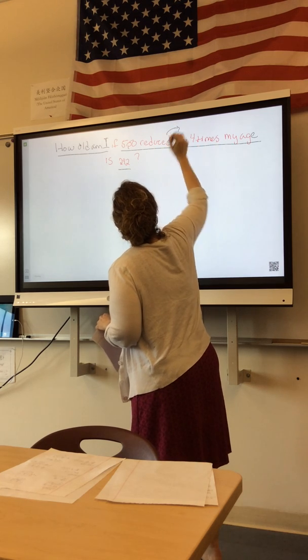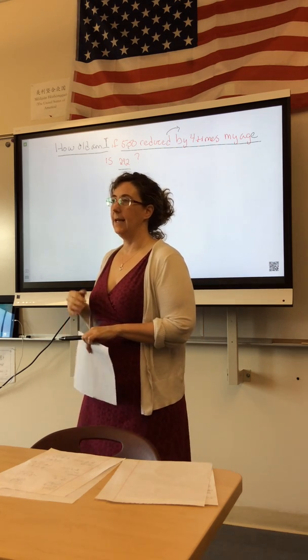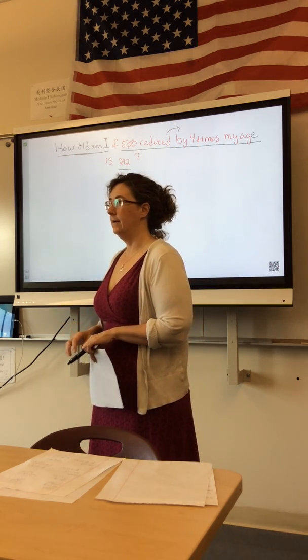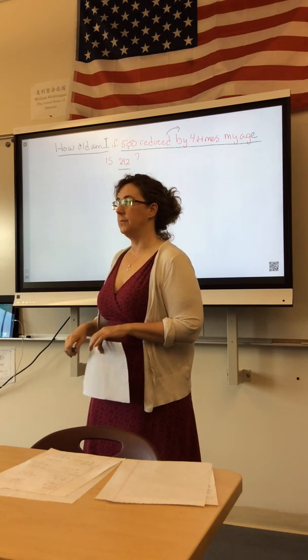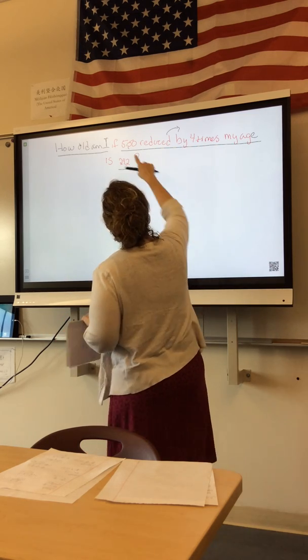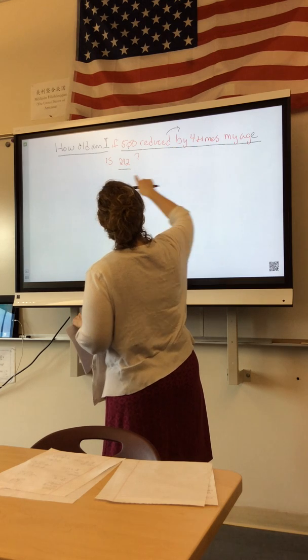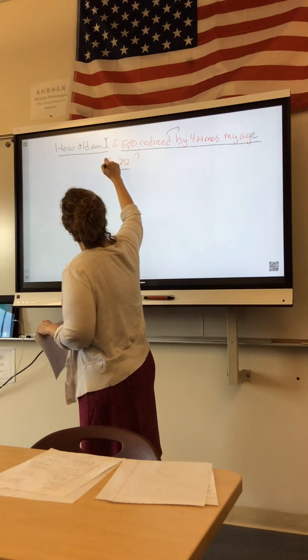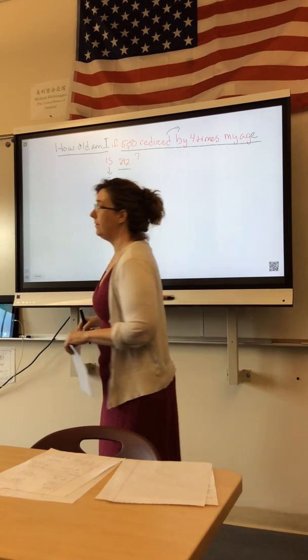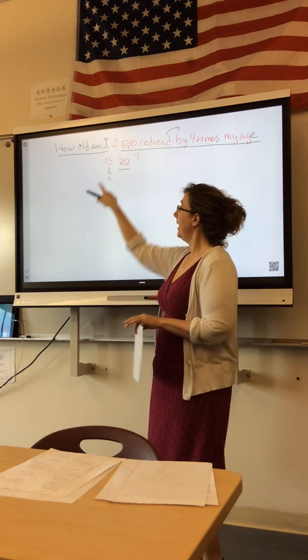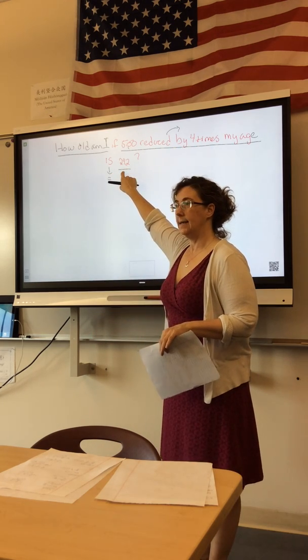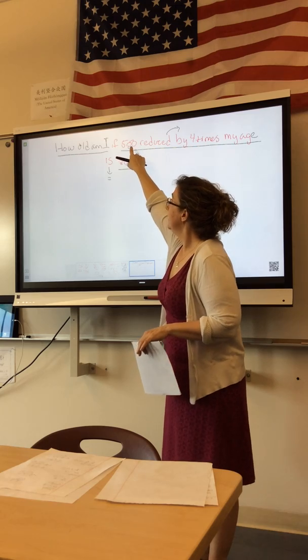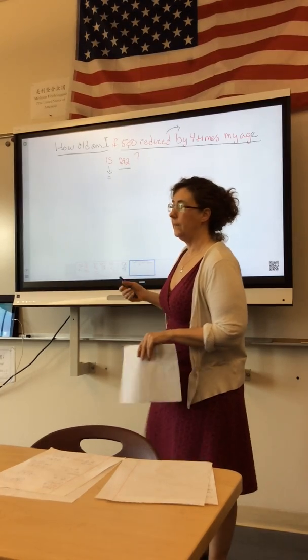Reduced by is a key term that indicates to me subtraction. So in there somewhere, I'm going to subtract. 500 reduced by 4 times my age is 292. Is is also a key word for equals. So I have my ending amount and I have my starting amount, which is 500.